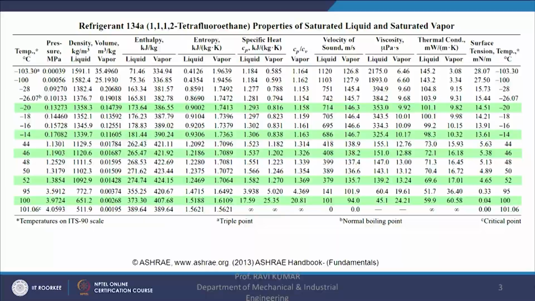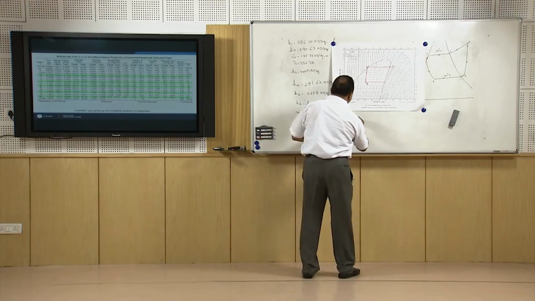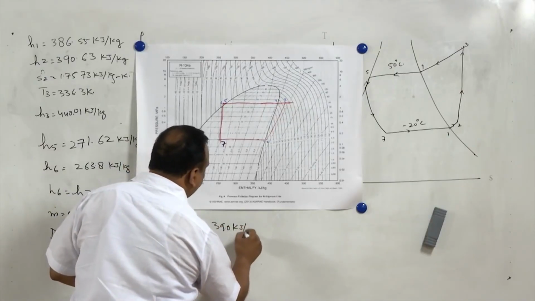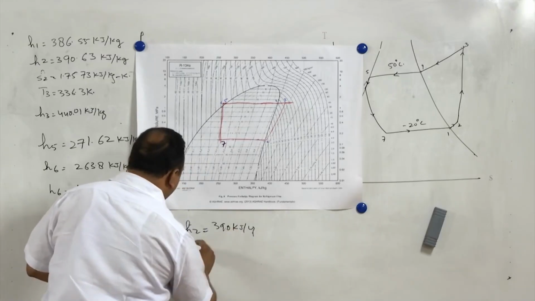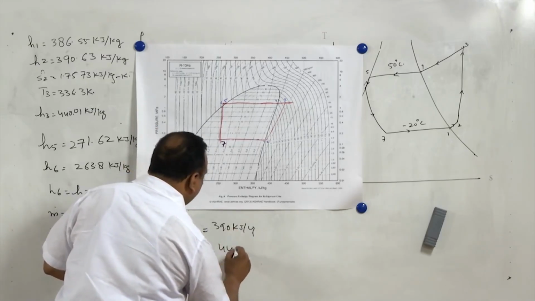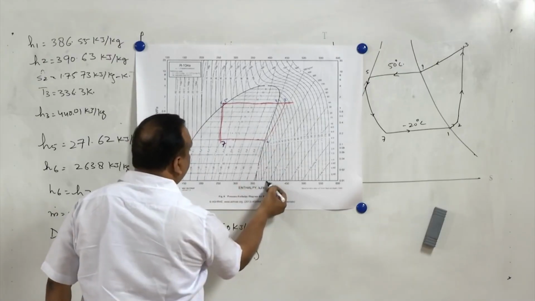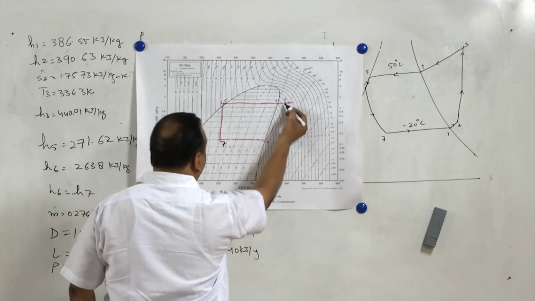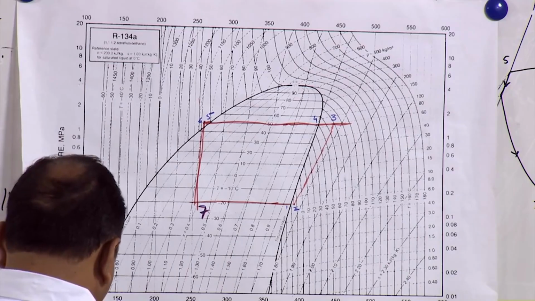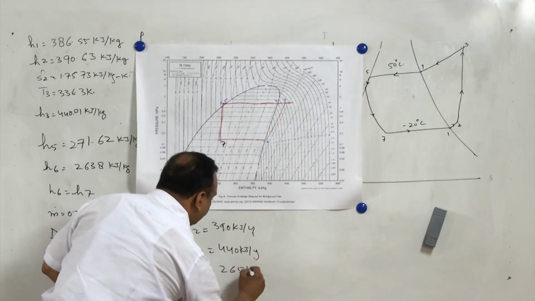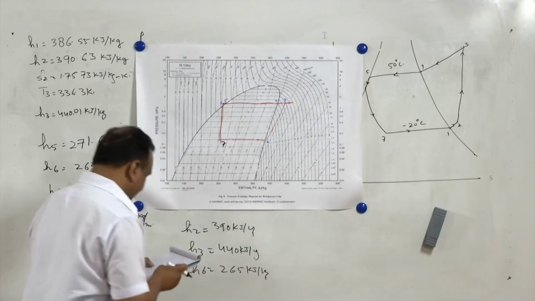If we take the values from this chart at different states, the values are like this. H2 is equal to 390 kilojoules per kg. H3 is equal to 440 kilojoules per kg, and H6 is equal to 265 kilojoules per kg.